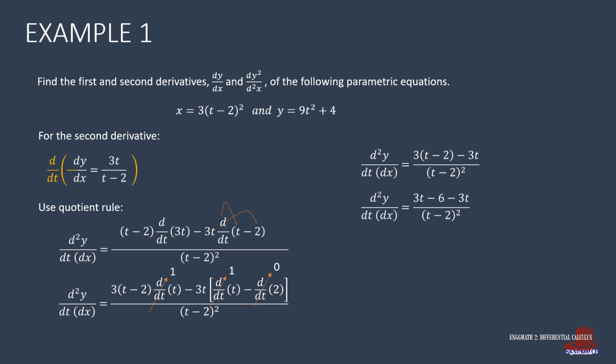When 3 is distributed, we end up with 3t minus 6 less 3t, which can then be simplified, making the function negative 6 over the square of t minus 2.